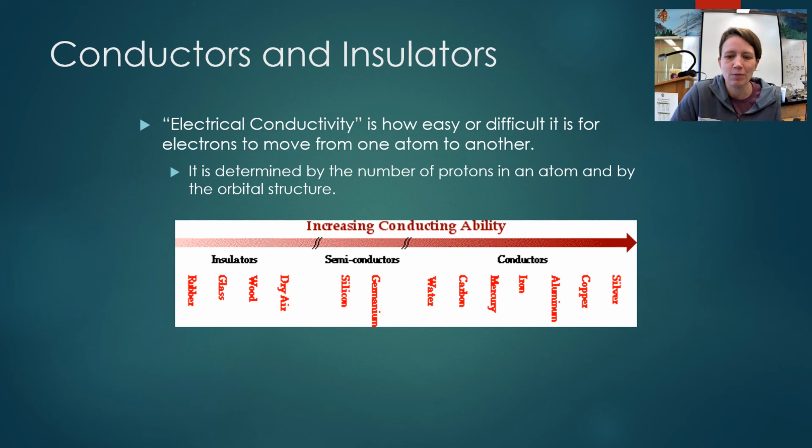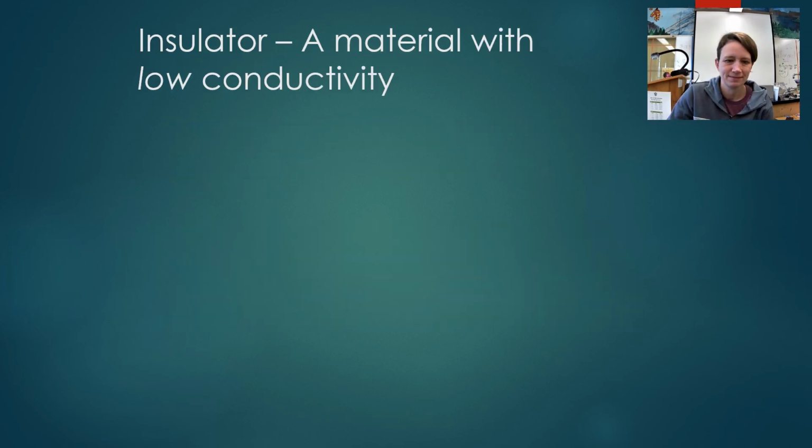People have measured and calculated the conductivity of different materials, and you'll see on the far right end of increasing conductivity are things we tend to think of as good conductors, metals, and on the other end we have a category called insulators, where it would be very difficult for electrons to move from one atom to the other.